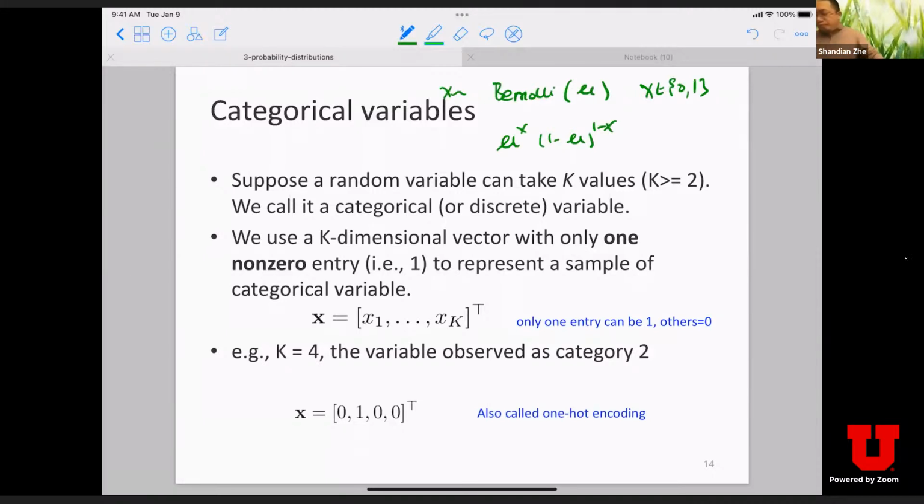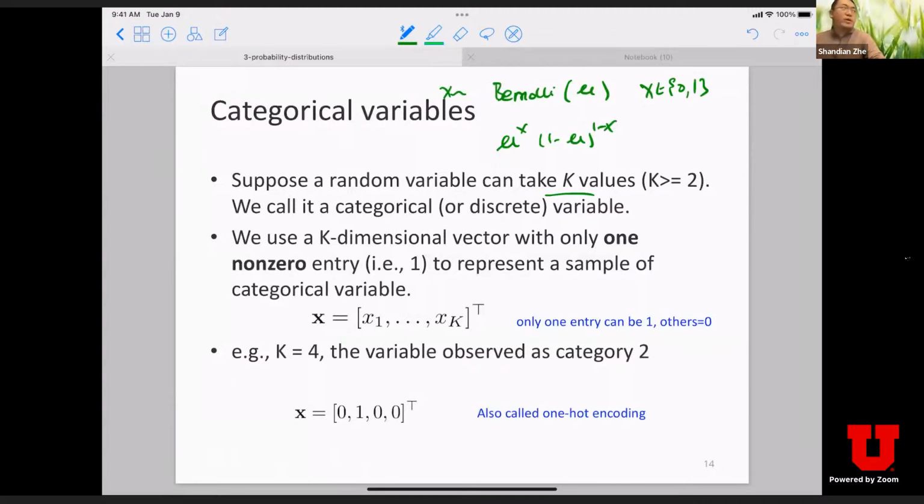Now, let us extend this to general discrete random variables, which we call categorical variables. Suppose you have a random variable that can take K values, where K is no less than 2. If K is 2, it's just a binary variable, 0 or 1.